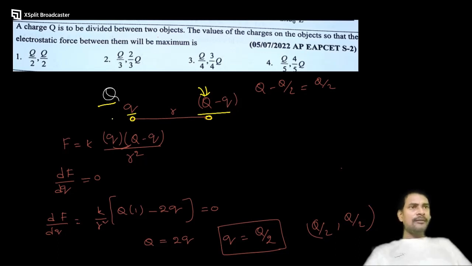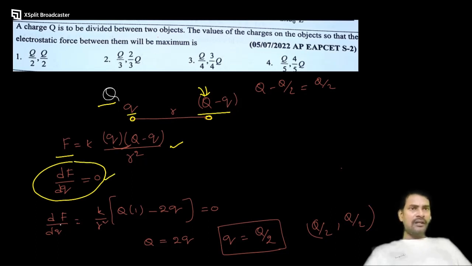Now I am finding the force between the two objects, and they are separated by a distance small r, let us assume. Then F is equal to K into q into capital Q minus small q by r square, according to Coulomb's law. If I want to maximize or minimize this, first I have to differentiate F with respect to the variable q and make it equal to 0.